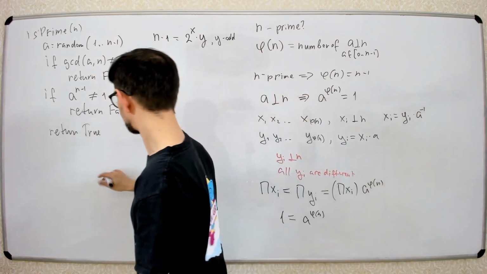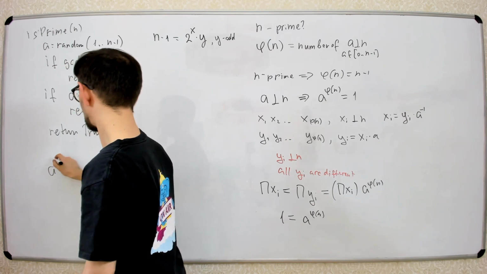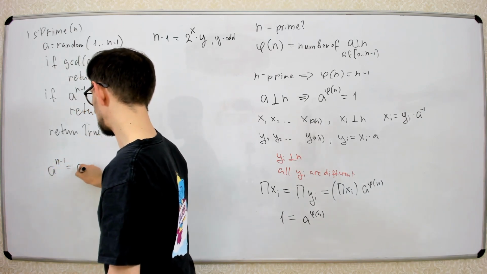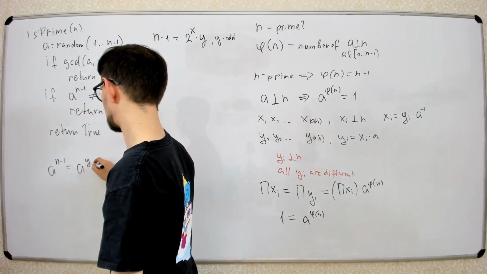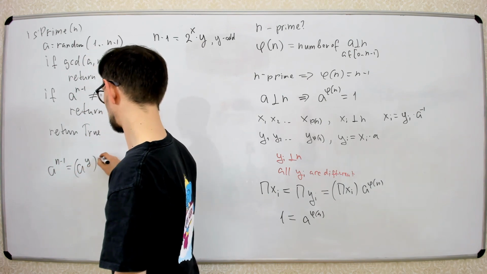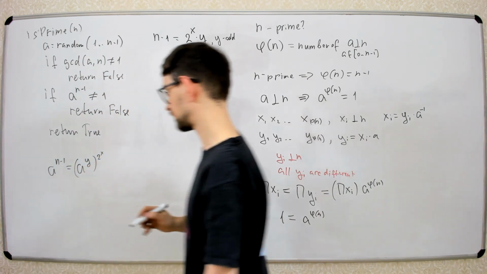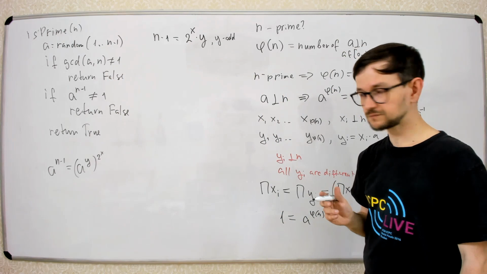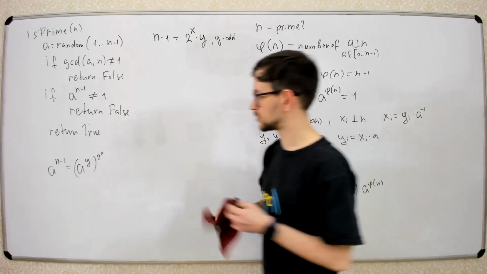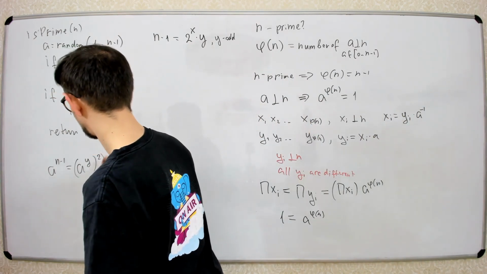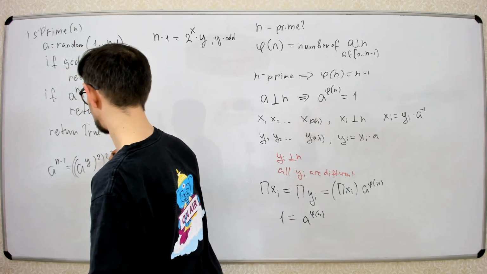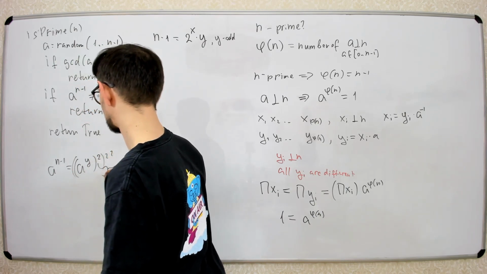So a power n minus 1 is a in power y, then power 2 in power x. And now we can split it into steps. So it's power 2, and power 2, and so on, x times.